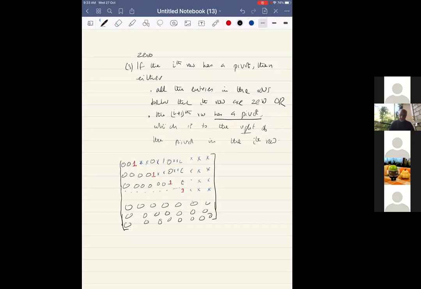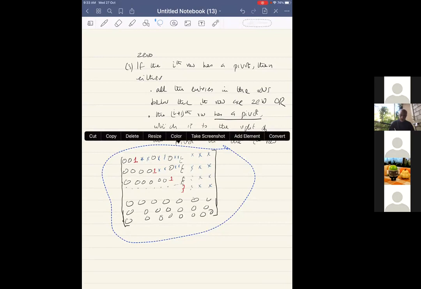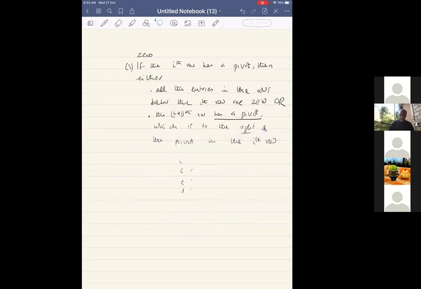Maybe this is not helping. I think I will just remove this. Yeah, I think it's best to stick with the definition and try to get used to this.